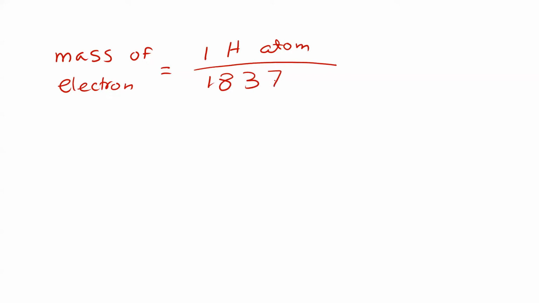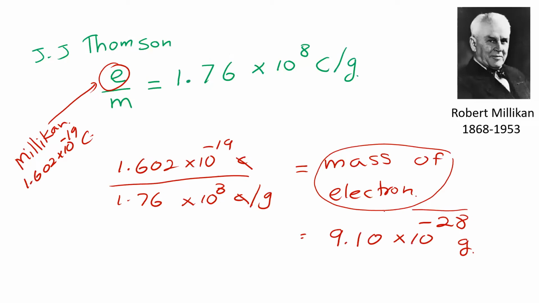If you divide the mass of hydrogen atom by 1837, then that value is equal to the mass of the electron. And by now, we know the charge of the electron. We know the charge of the electron and the mass of the electron. Now this is the mass of the electron, and this one is the charge of the electron.